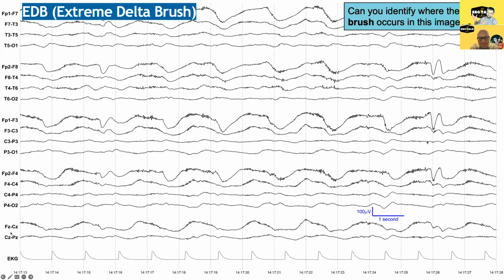So this is another very good example. Yes. And the slide is calling for action. They're asking us if we can identify where the delta brush occurs in this image. I think we can try. I bet if you hit next slide.